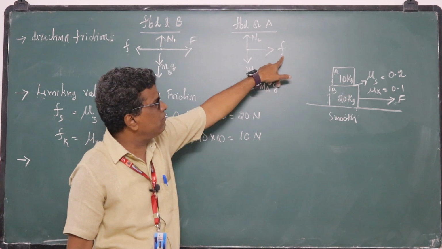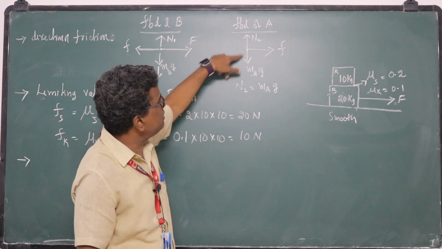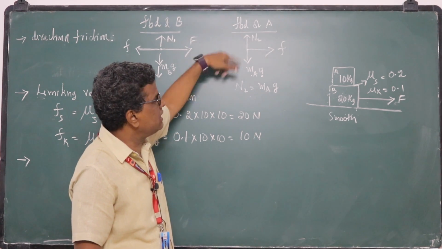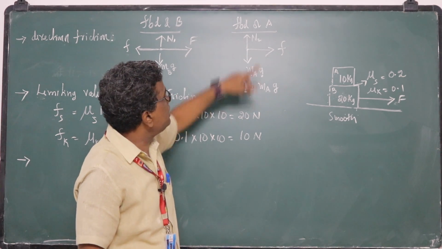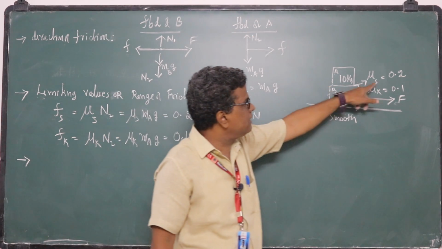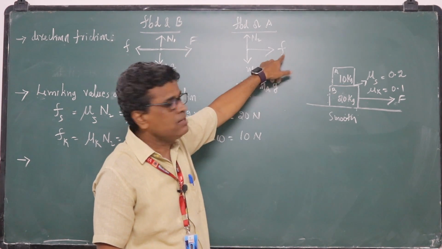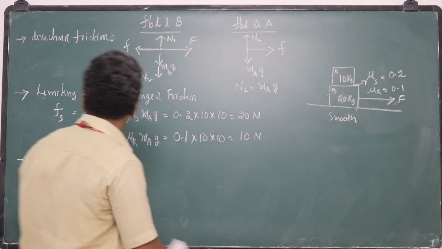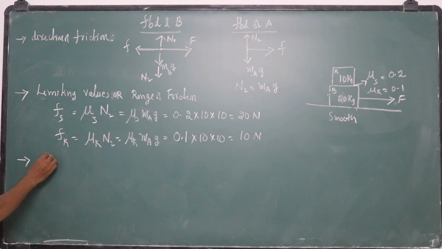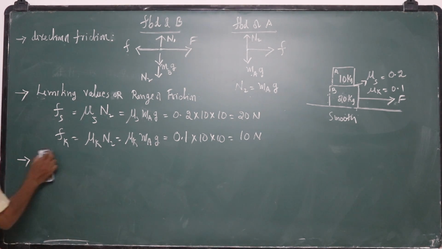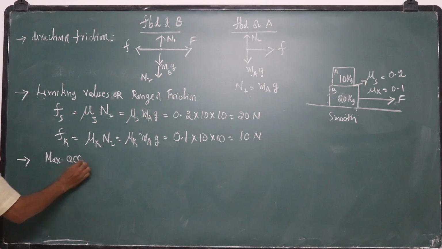Only frictional force, because in the y direction the two forces cancel each other. There is no motion in the vertical direction, so block A has a tendency to slide in the horizontal direction. So the only force acting on the block is frictional force. What is the maximum value of frictional force? Then you find the maximum acceleration.